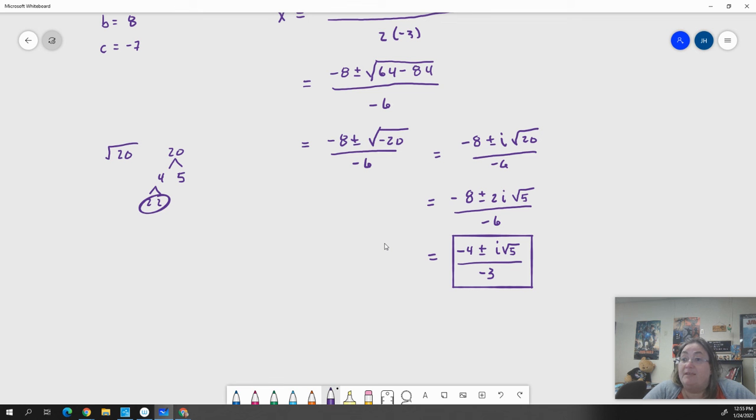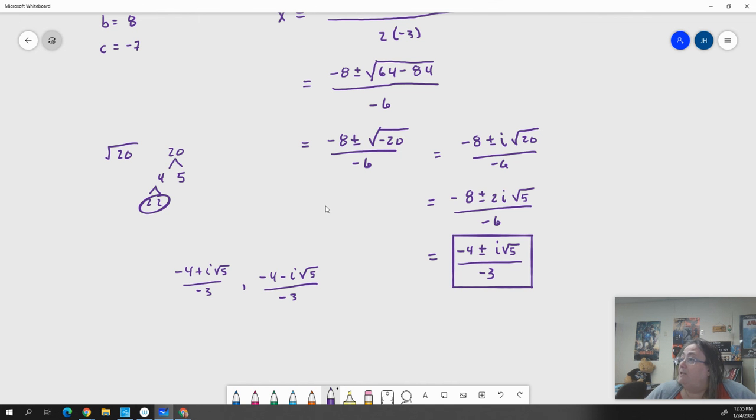No. Is this 2 separate solutions? Absolutely. This is -4 plus I radical 5 over -3, and it is also -4 minus I radical 5 over -3, right? It's just that plus and minus saves us from having to do it over and over and over again.